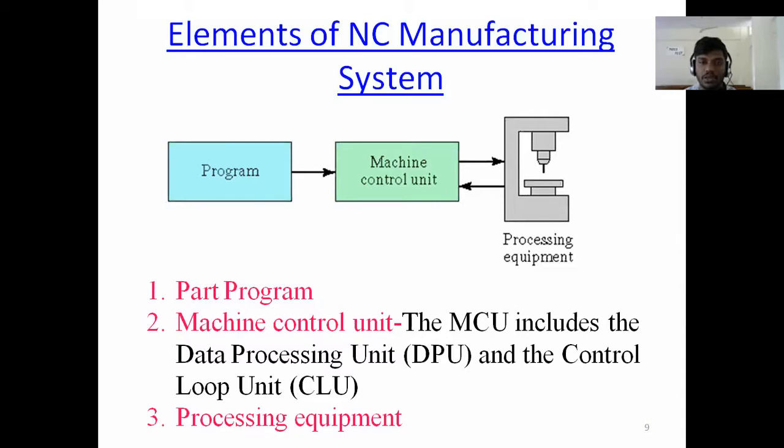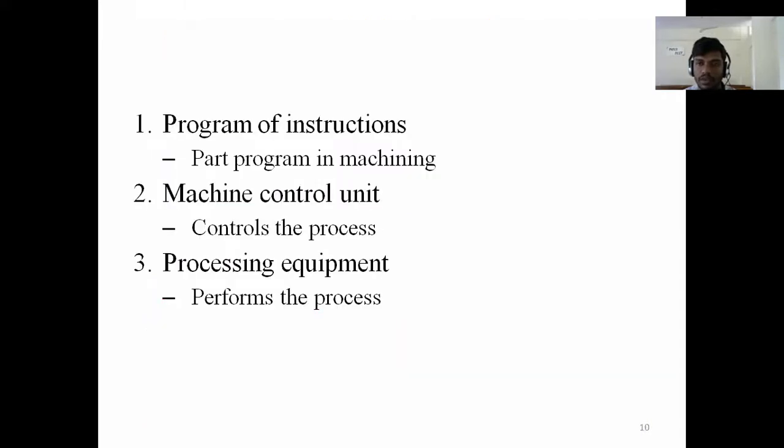Each element has a specific work distribution. We already discussed that programming is very important for any automation. Then the machine control unit does its work in terms of data processing and loop control. And last but not least, there is manufacturing.